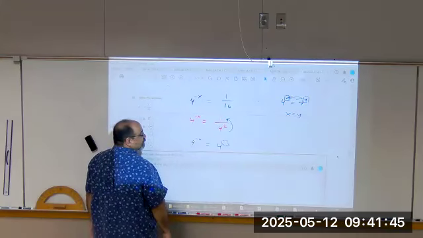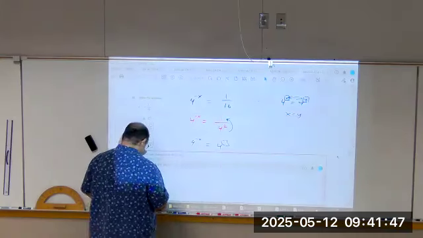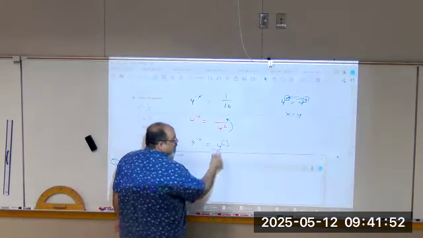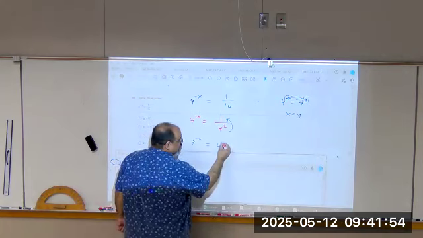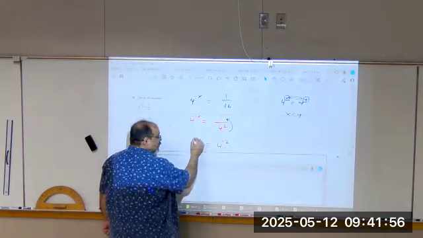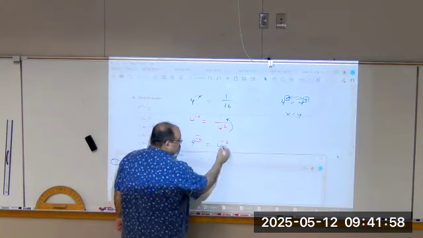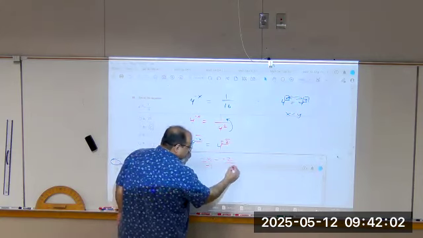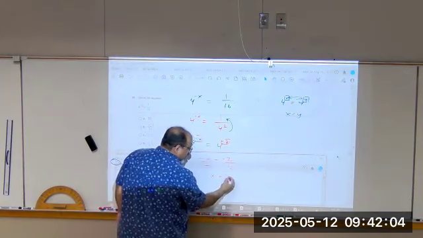So if I was going to flip that 4 squared upstairs, what happens? It's negative 2. Exactly. This is now 4 to the negative 2. So now I can go under here. Negative x is going to equal negative 2 divided by negative 1. And x has to be a positive 2.